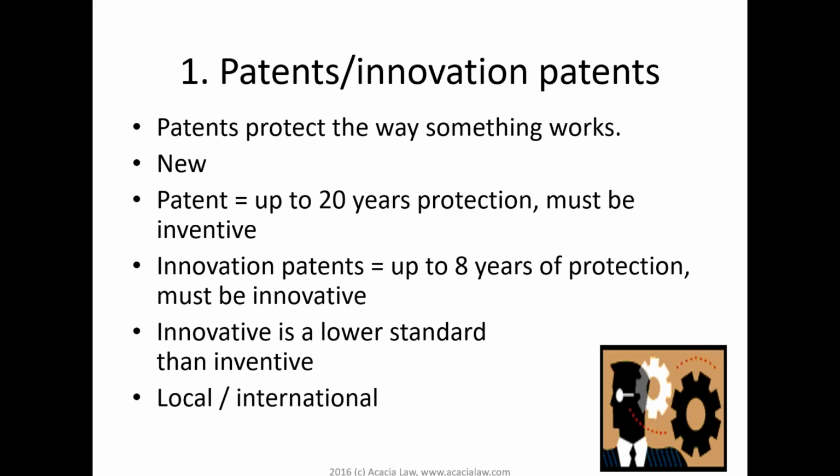That specification stays on the register, and once your patent has lapsed after your 20 years is up, then anybody can use that invention. So if you want to use old technology that's no longer protected by patent, you can use lapsed patents. It's up to 20 years because you have to pay government fees every few years to keep it active.